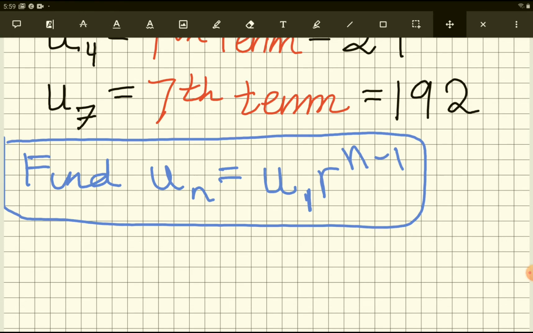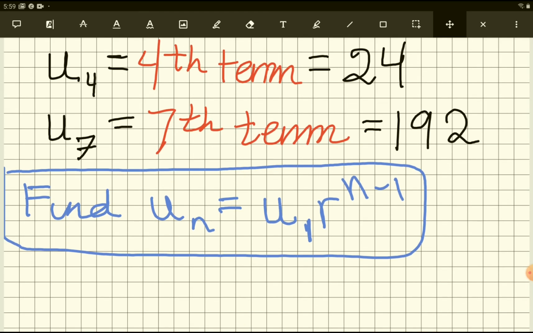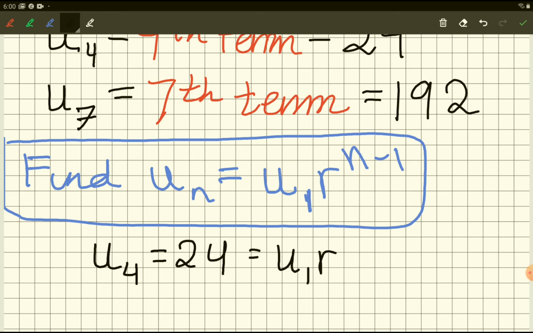And so the first thing we're going to do is rewrite the information that they provided to us into a format that I can manipulate using algebra.